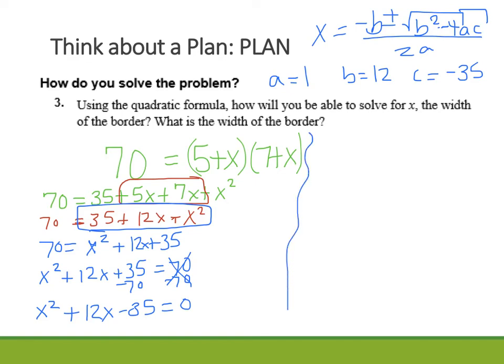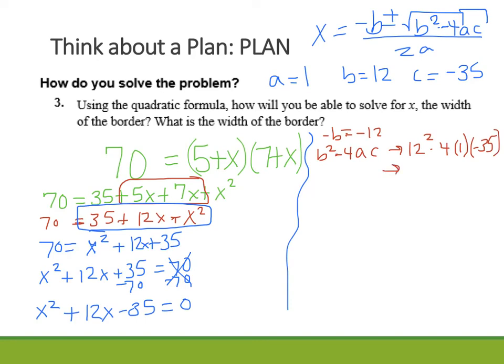Okay? Now again, what I like to do is find all three parts of the quadratic formula and then put them in. So negative b would be negative 12. b squared minus 4ac is going to be 12 squared minus 4 times 1 times negative 35.